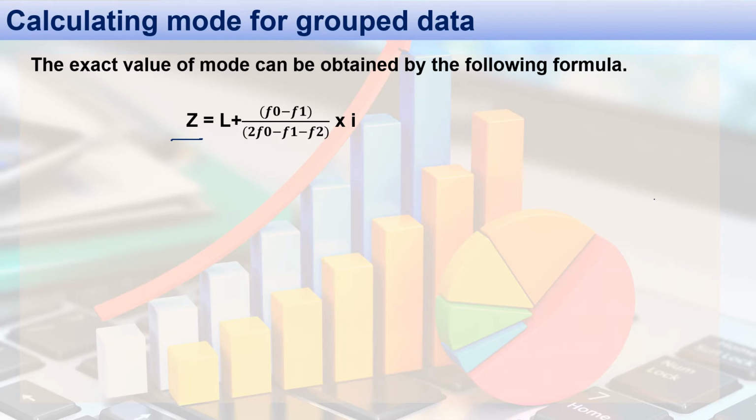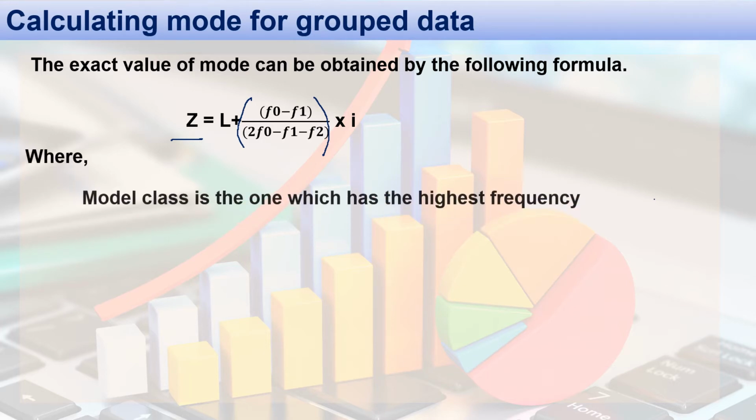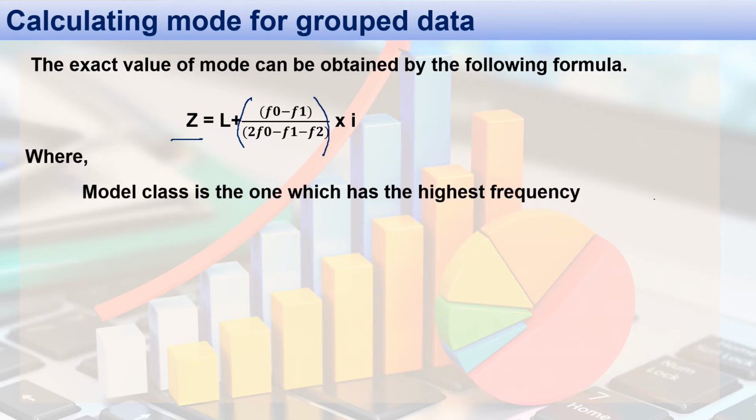In this, the modal class is the one which has the highest frequency. To apply this equation, we are supposed to first identify the modal class. How can we identify the modal class? The modal class can be identified by the highest frequency in the given series.